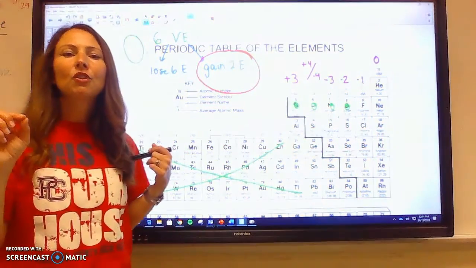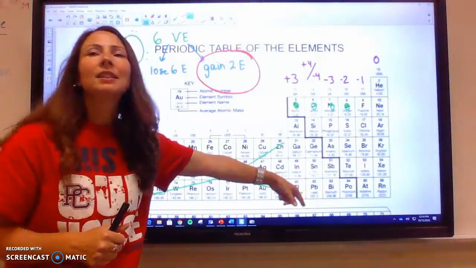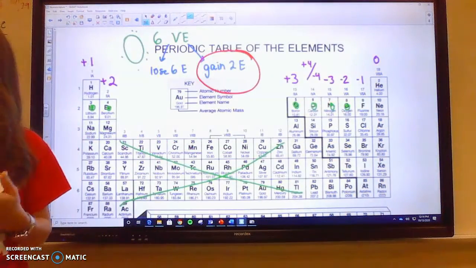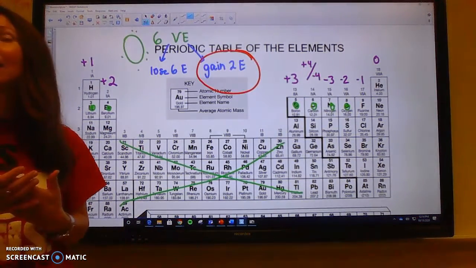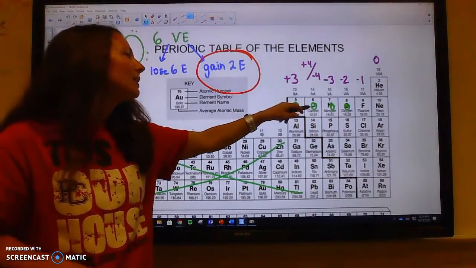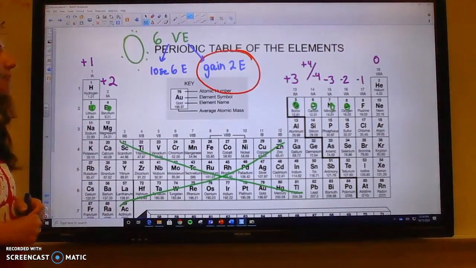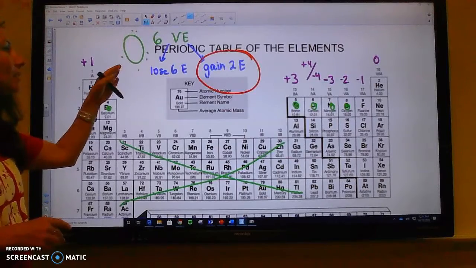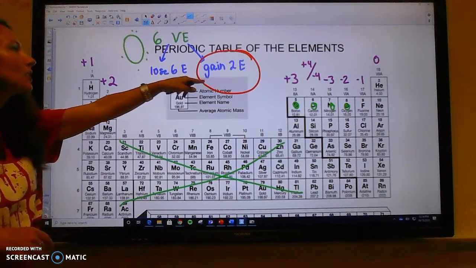But you're not going to write that on your periodic table, because lead and tin are considered like the transition metals with charges that vary. So you're not going to always have that set number, okay? But when we're looking at the number of bonds, for carbon, we're going to be thinking about that plus and minus 4. Okay, so oxygen can either lose 6 or it can gain 2, but gaining 2 is what oxygen does.